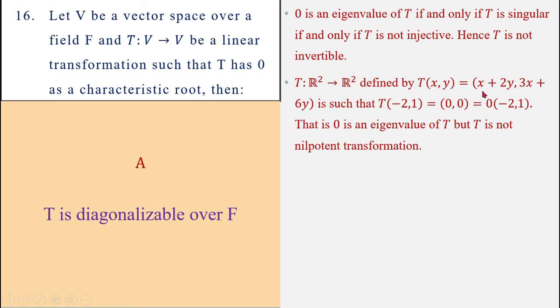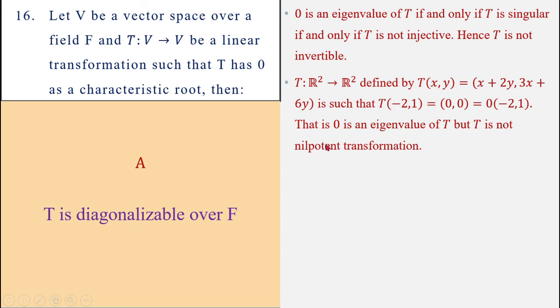Consider T from R2 to R2 defined by T of (x, y) equal to (x plus 2y, 3x plus 6y). When we substitute x equal to -2, y equal to 1, we will get 0 and again 0. So it will be 0 times (-2, 1). That means 0 is an eigenvalue of T.